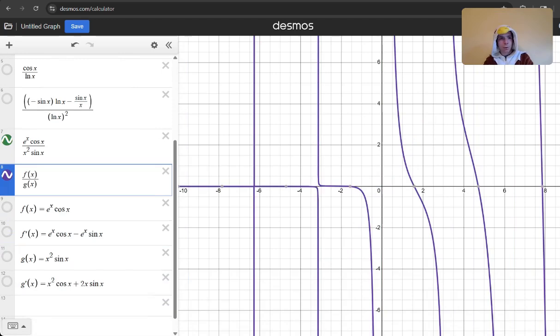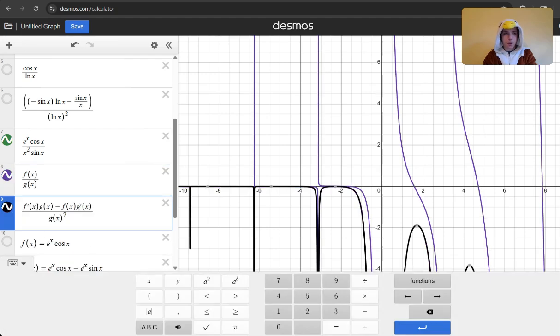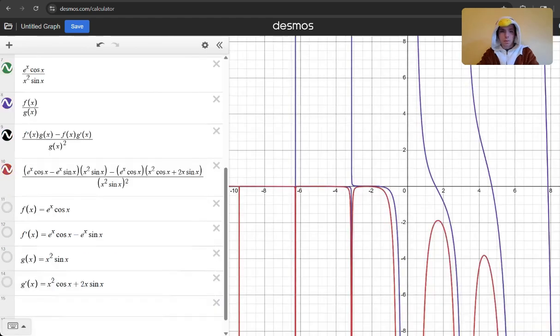So now for the function f of x over g of x, we have f prime of x g of x minus f of x g prime of x over g of x squared for the derivative. We get this expression right here.